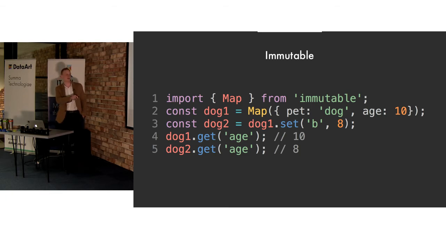But notice, it creates a new object, so it doesn't mutate doc1. It returns a new object, which is similar to the previous one, but has one changed value. So if we compare the different objects, we can see that we actually have two different objects.